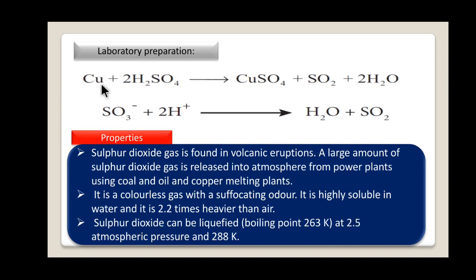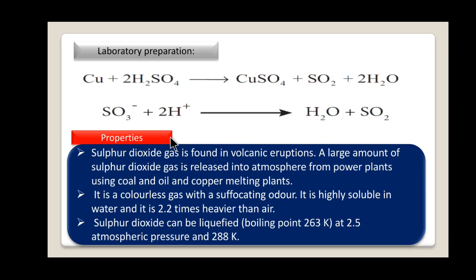The metal, such as copper, treated with sulfuric acid gives SO2, copper sulfate, and water. A sulfite ion in acidic medium with H+ gives SO2 and water. It is the laboratory preparation.